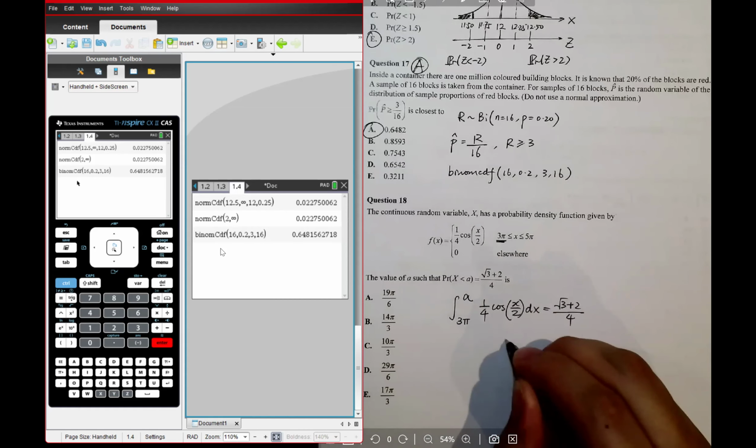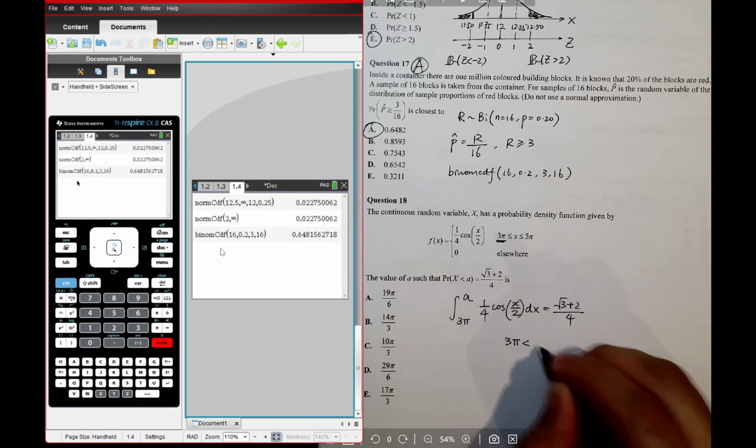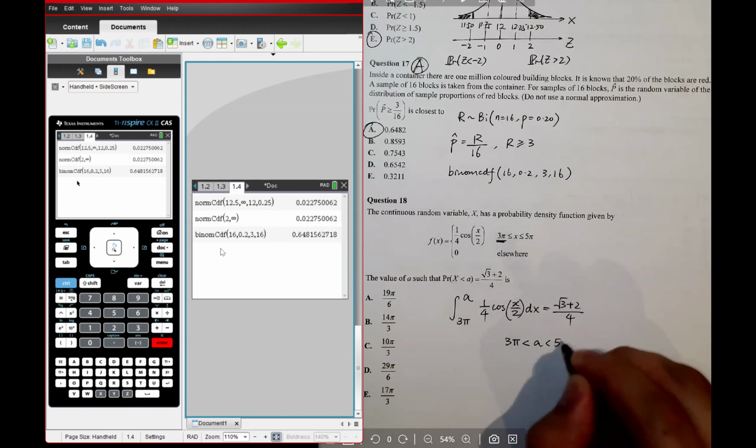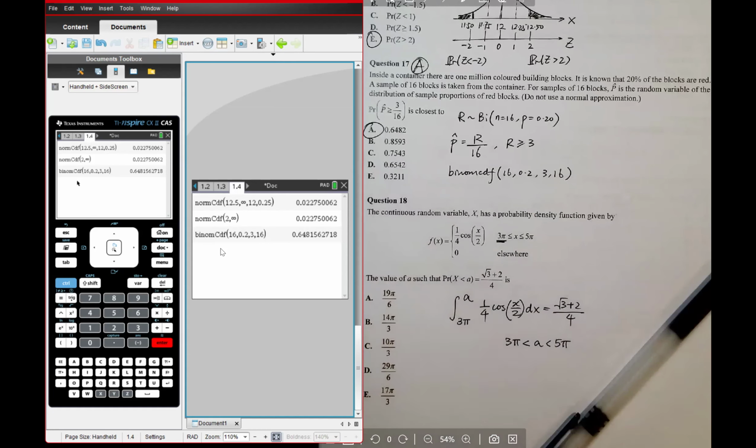Notice that the a value has to lie between 3 pi and 5 pi in the effective domain. So what we might do is solve the integral from 3 pi to a. Oh, actually, I've defined a before, so let's use k here.